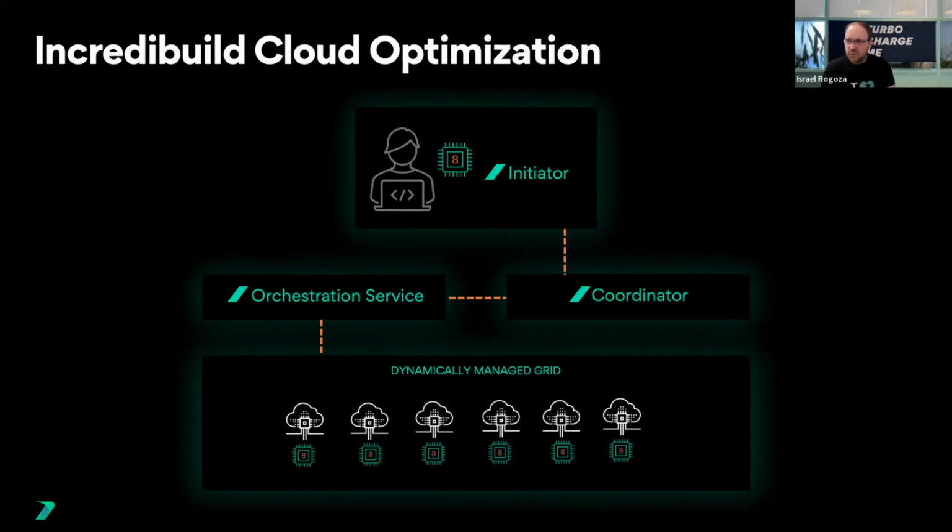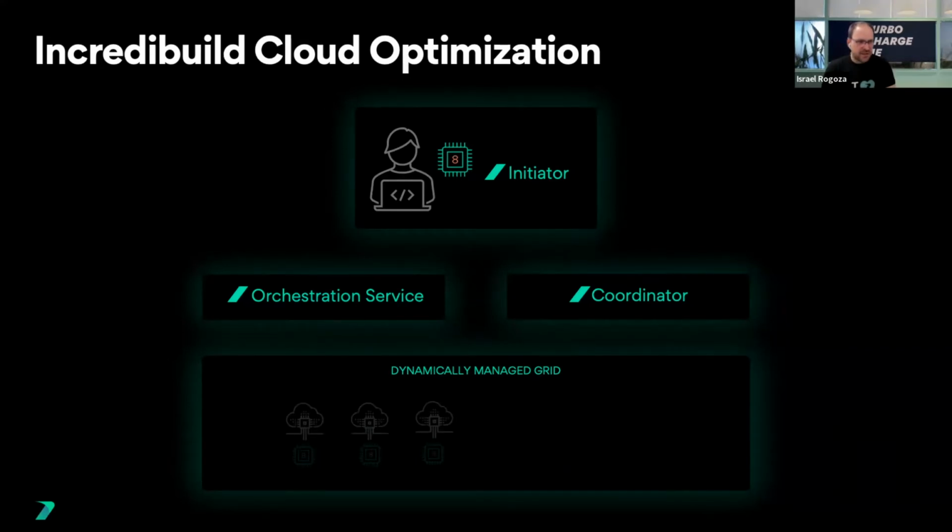That's what I need in order to accelerate my workload. So the coordinator will approach the orchestration service, the Incredibuild Cloud orchestration service. And this service will wake up the machines. And if it needs more machines than what it currently has in stopped mode, it will create those machines.